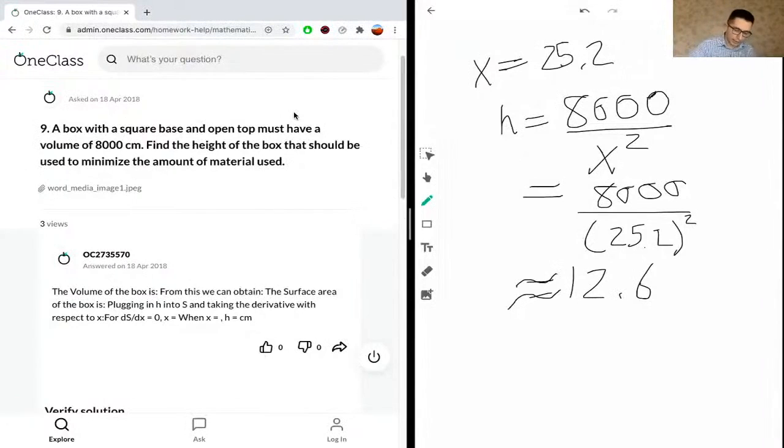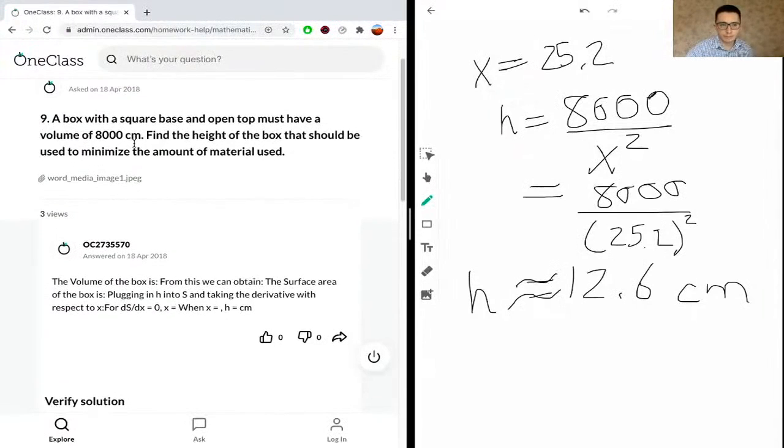So when the height equals 12.6 centimeters, we know that the minimum surface area is used when the volume is equal to 8,000 centimeters cubed. Sorry, not squared, 8,000 centimeters cubed.